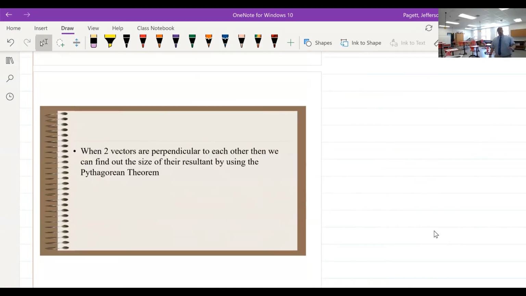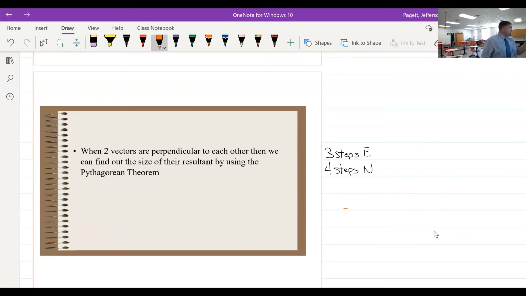Okay? Now, there's one other situation that we're going to do, because right now we've dealt with parallel and antiparallel. If 2 vectors are perpendicular to each other, so I do my 3 steps east. And then I go 4 steps north. Okay, and so I'm going to draw this. I'm going to go back up, and the first one was orange.